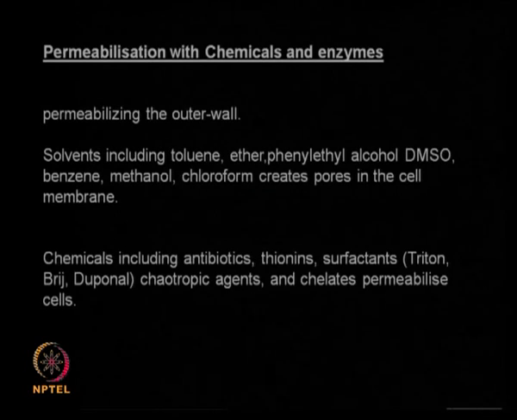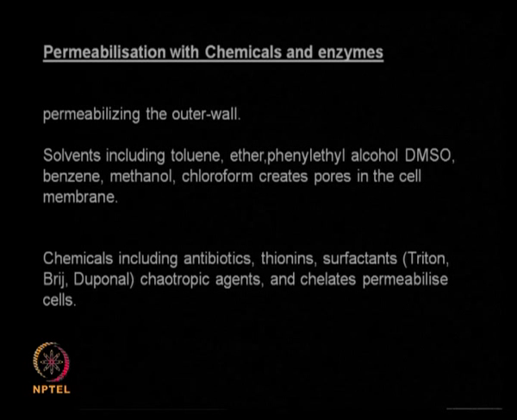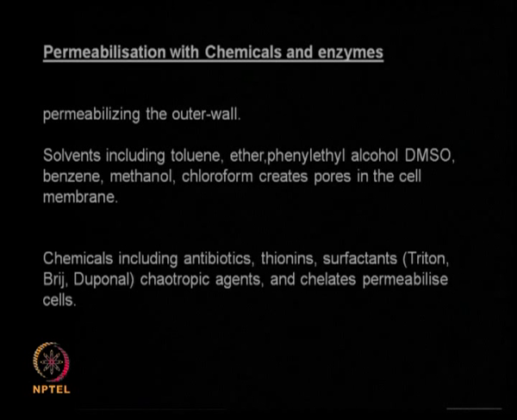Okay. Now let us go to other techniques in cell recovery and breakage to extract intracellular material. This method uses chemicals or enzymes. So you use chemicals which will permeabilize or make the cell wall porous.